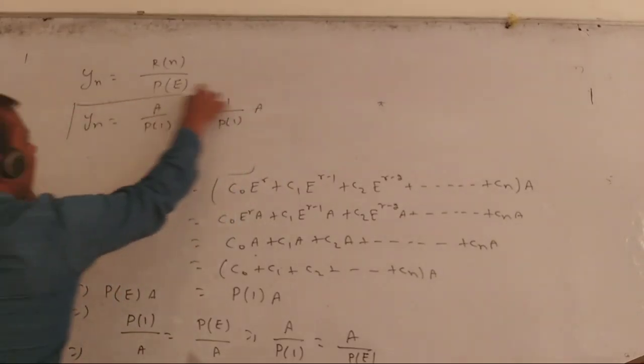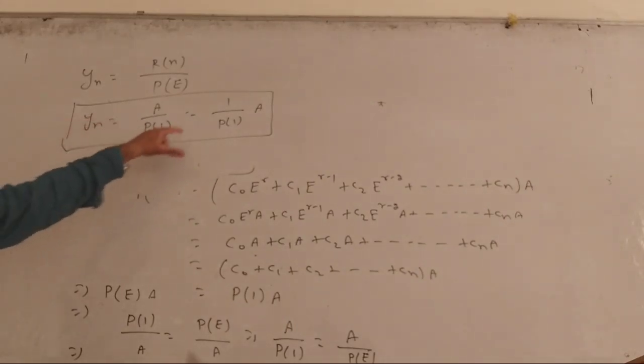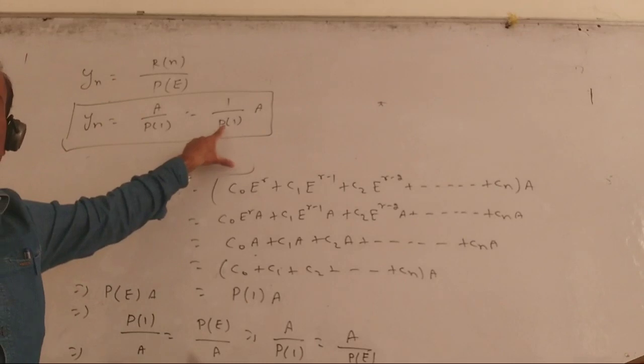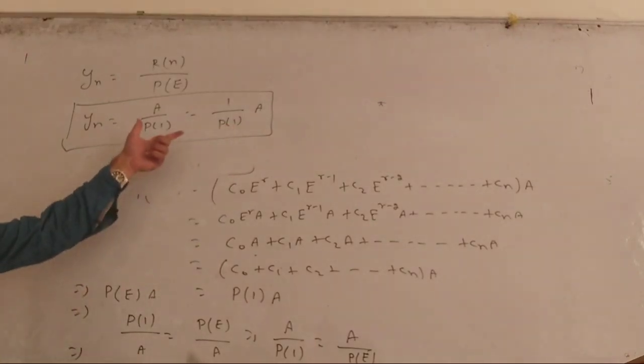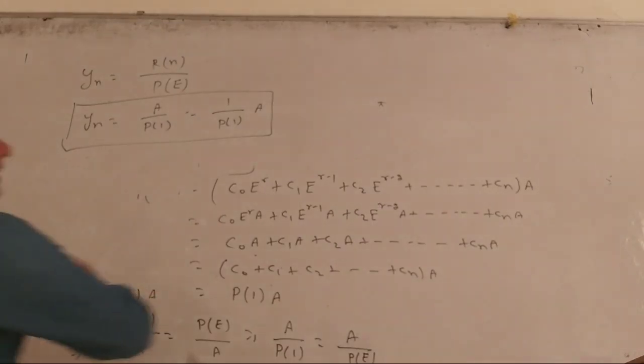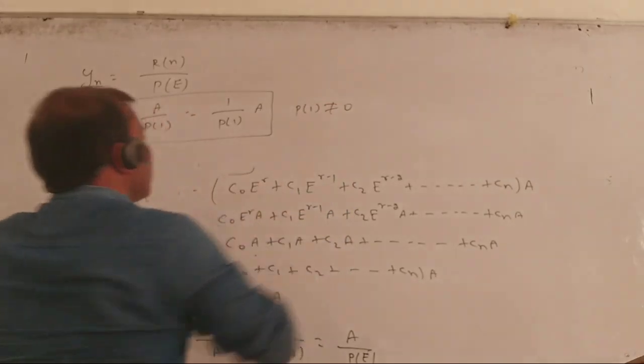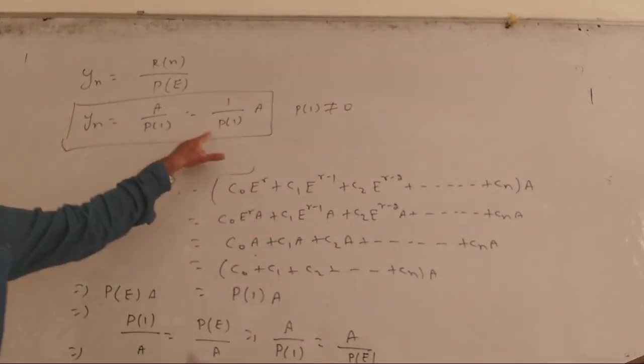It means when Rn takes any constant, our particular solution will be 1 by P of 1 into a. We have to put the value of E as 1 here. So we will get the particular solution, and the condition applied will be P of 1 not equal to 0, because when P1 equals 0, it is not defined.